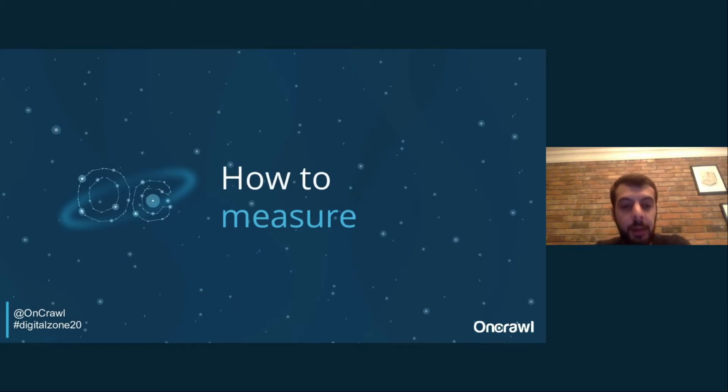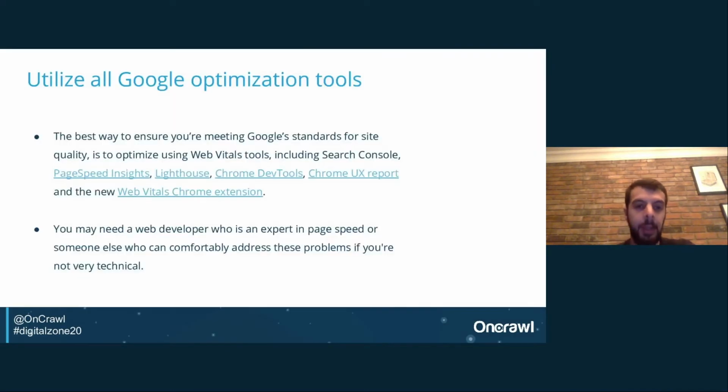So how do we measure those different metrics in an effective way? The first solution would be to utilize all the Google optimization tools. I'm sure that you know most of them. We have a new report in the Search Console.